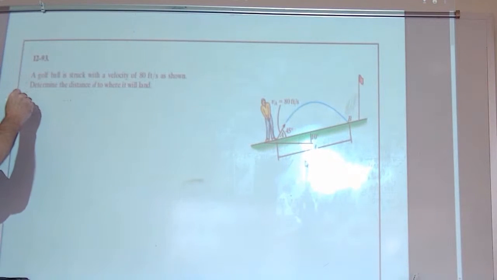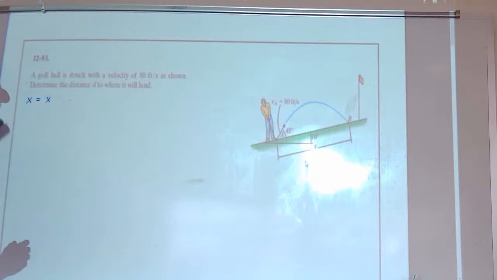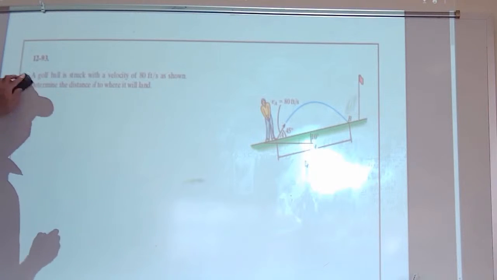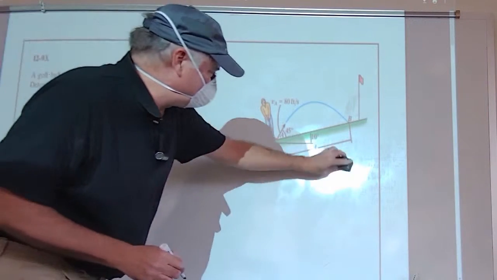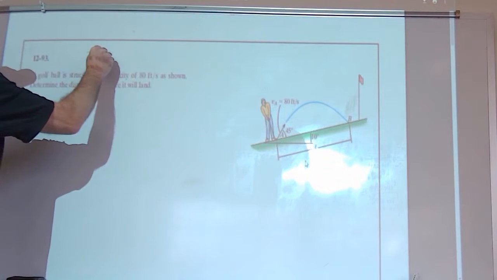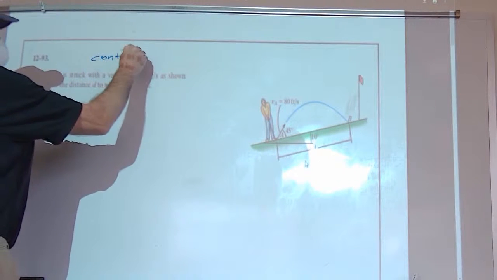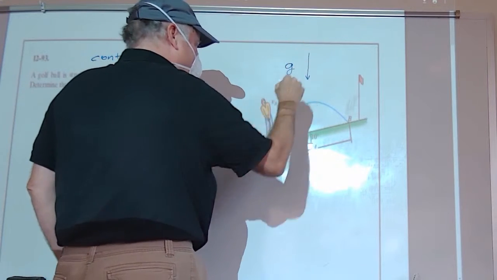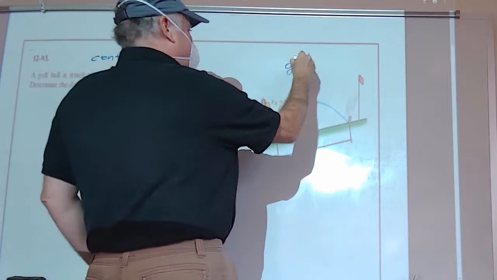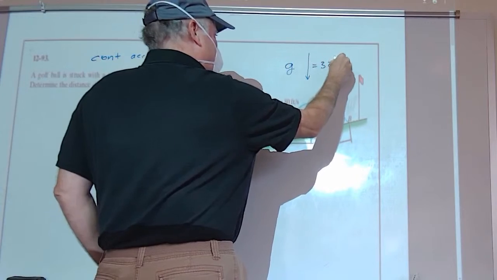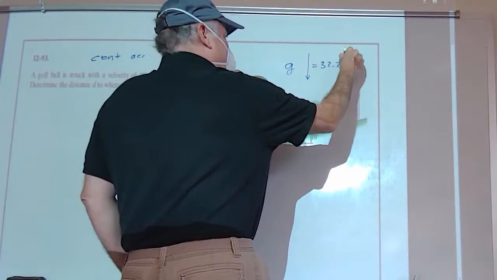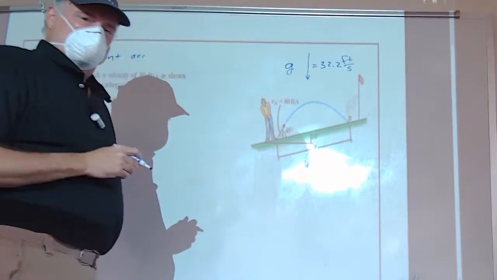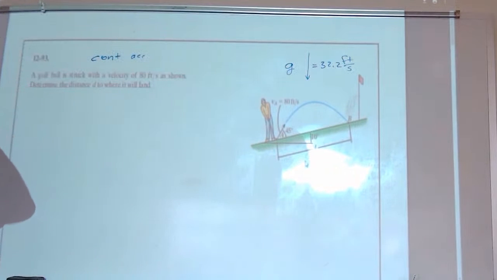So you've got the equations of motion for constant acceleration, where g goes down, and it's a value of 32.2 feet per second squared.